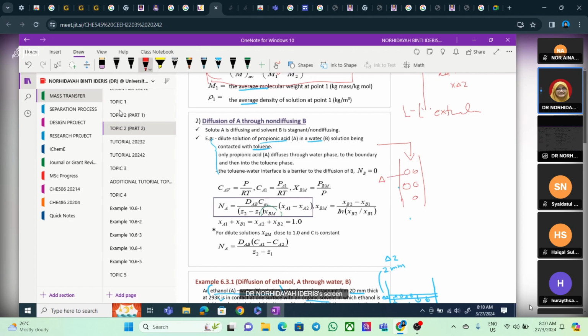Ammonia is dilute inside the water, so we're going to label B as water. We would like to recover this solute A, so that this first liquid, the water, is in contact with another liquid, coming either co-current or counter current.